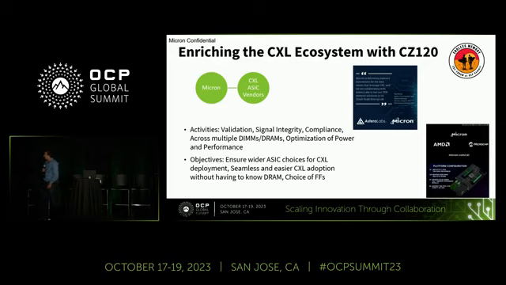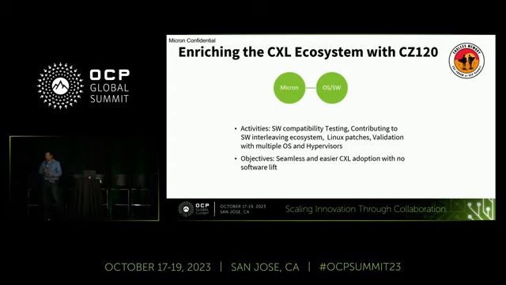So the idea is that industry has options, not only several different CXL controller vendor options, but also different form factors. Ours is E3.S, and you can also get AIC CXL cards from some of these ASIC vendors.